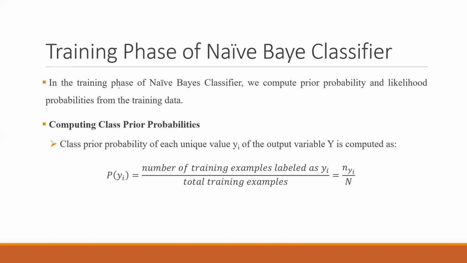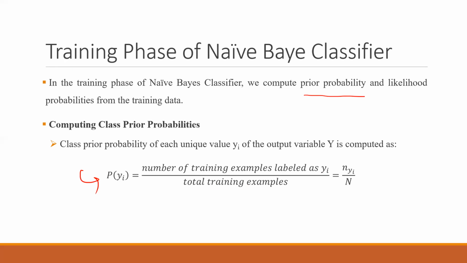So let's talk about the training phase of naive-Bayes. In that training phase, we first have to calculate the prior probability. It can be calculated by using this formula. Here we can see the number of training examples labeled as yi over total training examples. So for each class you will be calculating your prior probability.